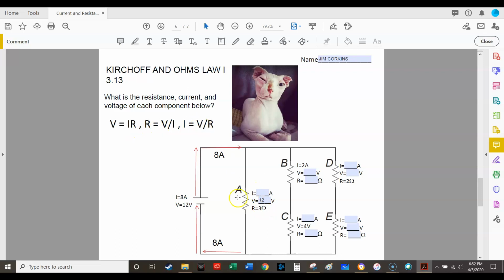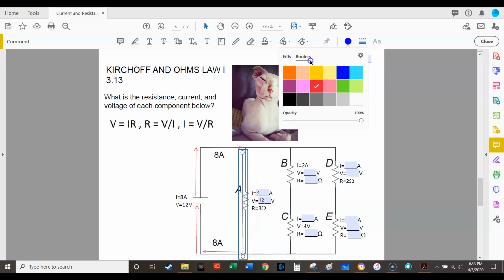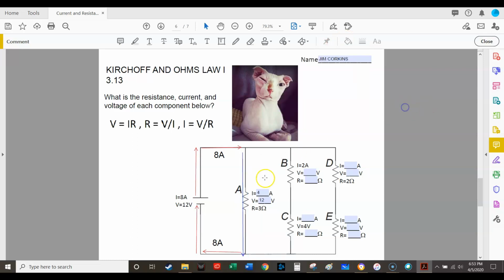Well, current is equal to voltage divided by resistance. 12 volts divided by 3 ohms is going to be 4 amps. So that means we have a clue into how much current is going through this. That means this blue guy that we're going to be using here is 4 amps.